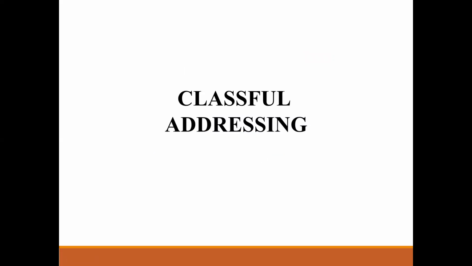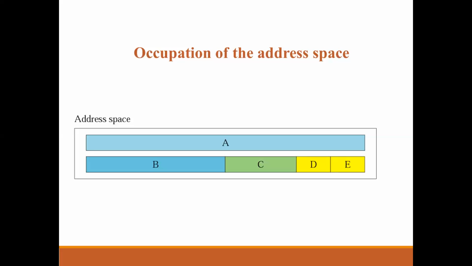Then the next point: we have to study the classful addressing system. Here you can see one graphical representation in front of you. That is the occupation of the address space.